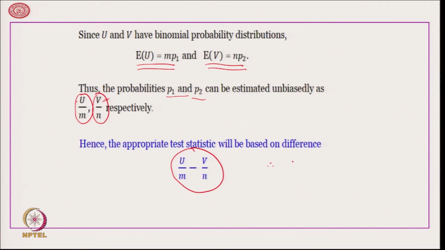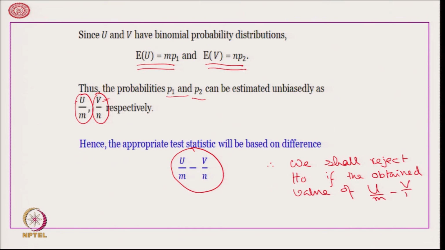Therefore, we shall reject hypothesis H naught if the obtained value of the statistic u/m minus v/n is greater than some C alpha, which is the critical value.